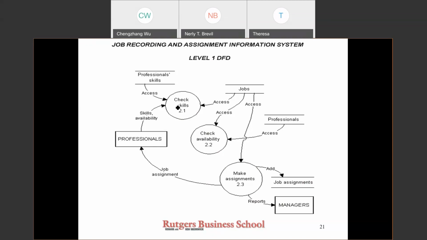However, the purpose of the level 1 DFD is simply to provide more details regarding the steps involved within the particular level 0 DFD process. Execution of the check skills and check availability process are not each recorded in the data store because these steps are merely intermediate leading to the main step of actually making assignments.